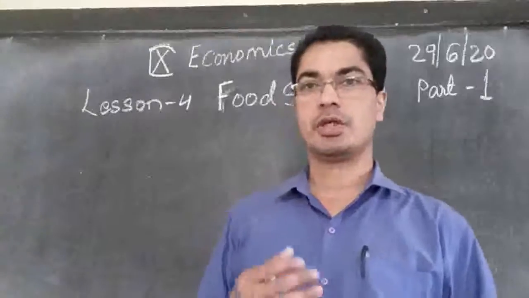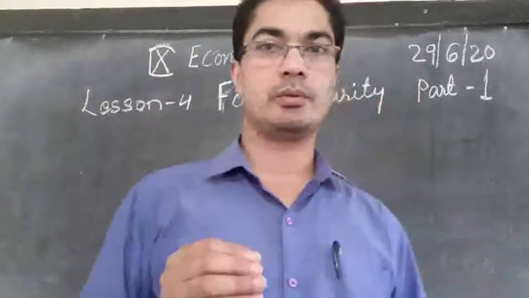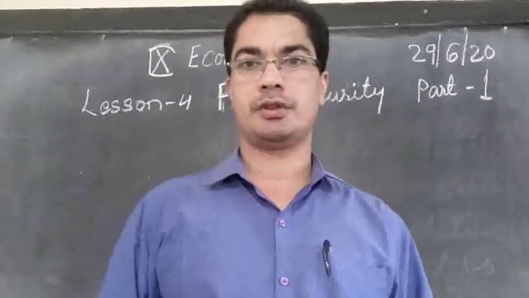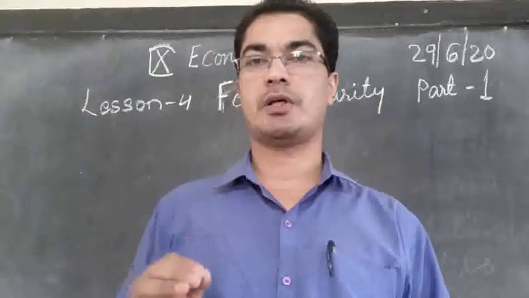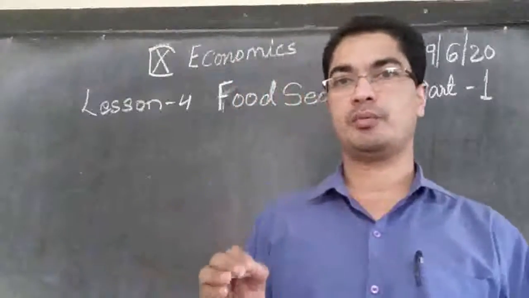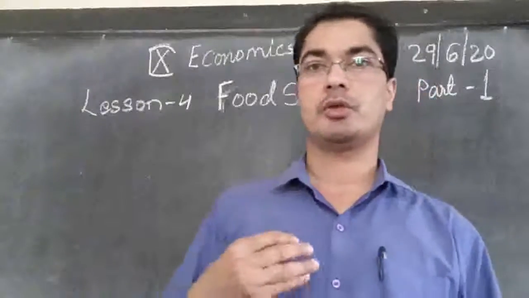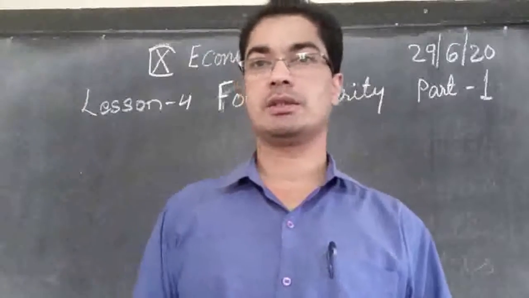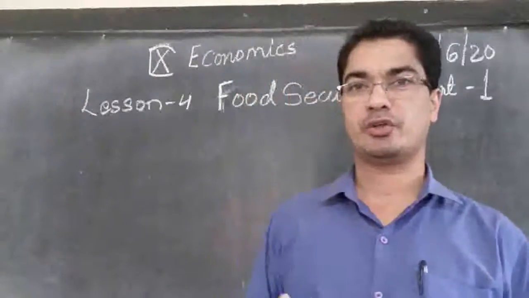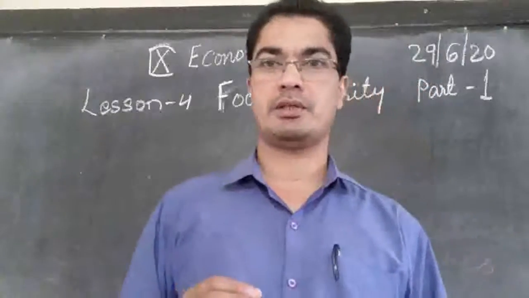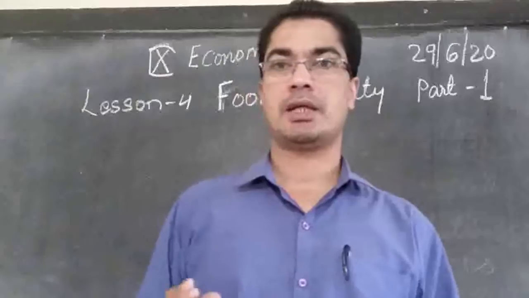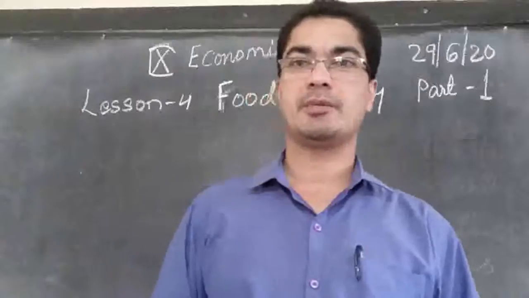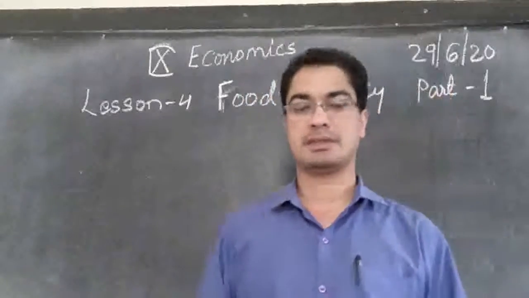So the government has taken certain steps to overcome this scarcity of food, and is trying to provide food especially for the poor people, to give them nutrients and good health, because good health is very necessary to make a human being a good resource. A sick or unhealthy person cannot be a good resource, and will be only a liability, as we have already studied in the previous lessons.